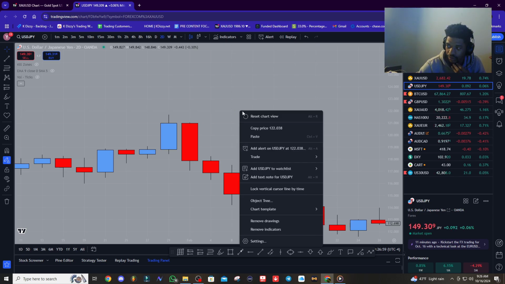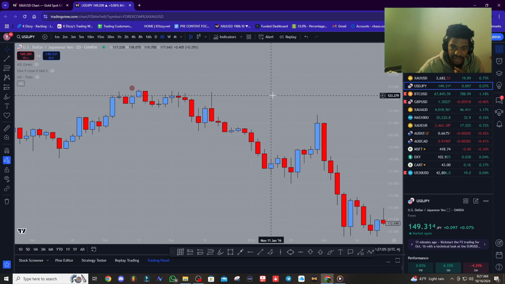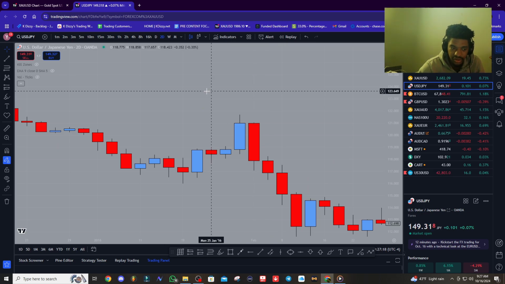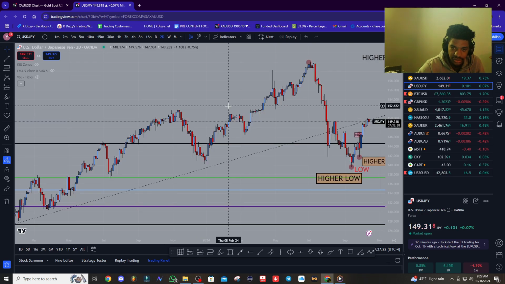I'm scrolling and navigating the charts really quick and easy. That's because I've taken the time to learn it, and it's been a game changer, because you need to read the chart. So if yours doesn't look like how mine looks, a quick way is to right click and then reset chart view, and now it's more clean and structured.